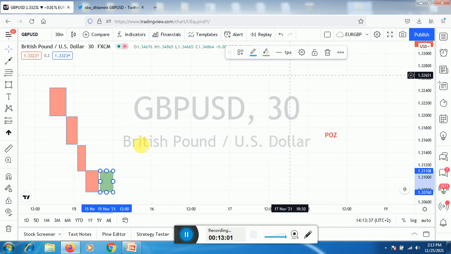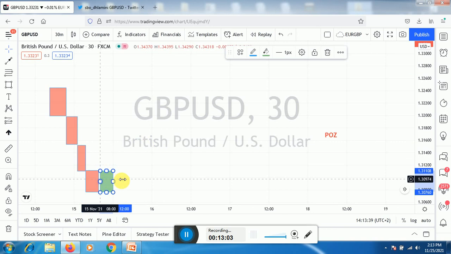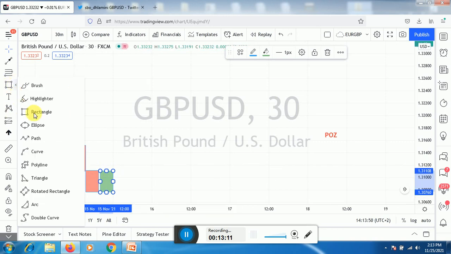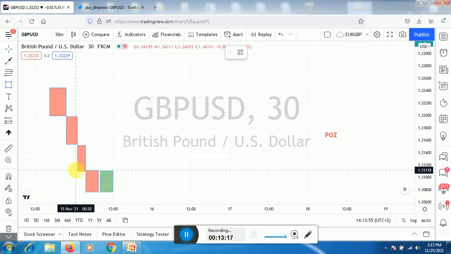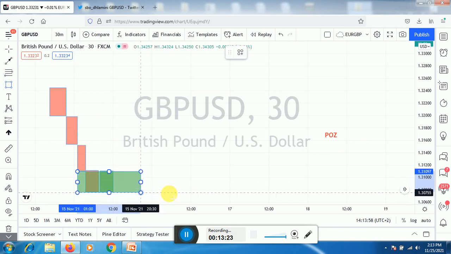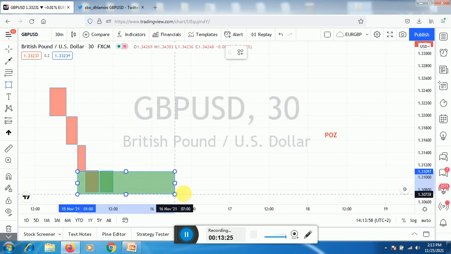The minute this large green candle happens here, what do the rules say? It says we pause that whole zone. So let us create our pause zone. The pause zone should be on the high and the low of the bearish candle, because we are creating a zone on that whole candle there.